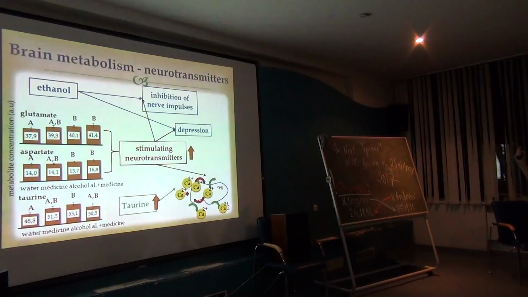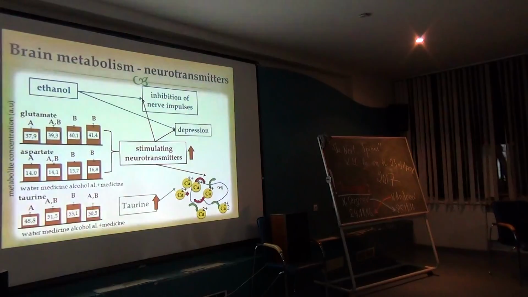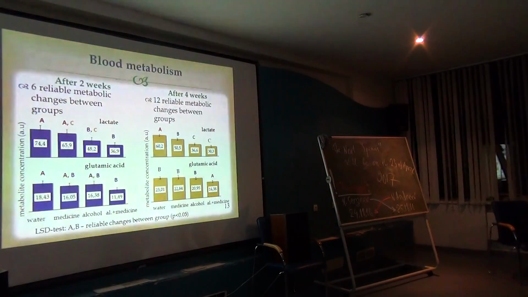And according to the literature, an increase of taurine also leads to inhibition of penetration of calcium 2+ inside cells. So taurine defends and protects cells from toxic reactions due to calcium 2+.